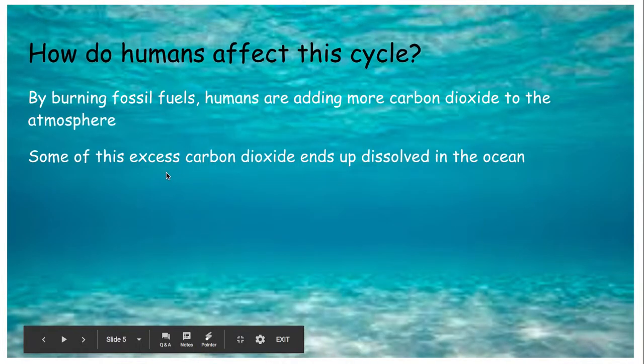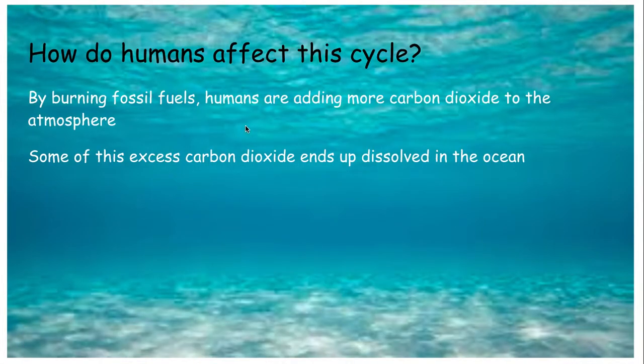So we have more carbon dioxide in the atmosphere, which, because carbon dioxide is a greenhouse gas, means more heat is going to be trapped, increasing the average temperature, and that comes with its own slew of problems. But we're going to look at the excess carbon dioxide that ends up in the ocean.